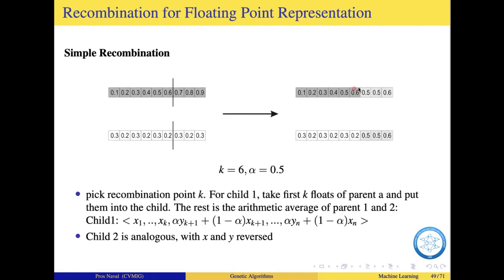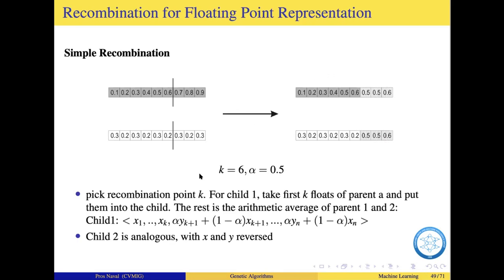For child 1, we take the first k floats of parent A and put them into the child. This part here we just copy, and then the rest is the arithmetic average of parents 1 and 2. So you take the average of 0.7 and 0.3. What's the average? It's 0.5, and this is 0.6. So now you have that for your tail.